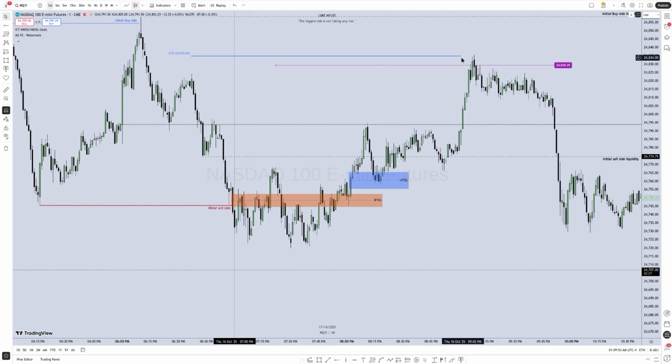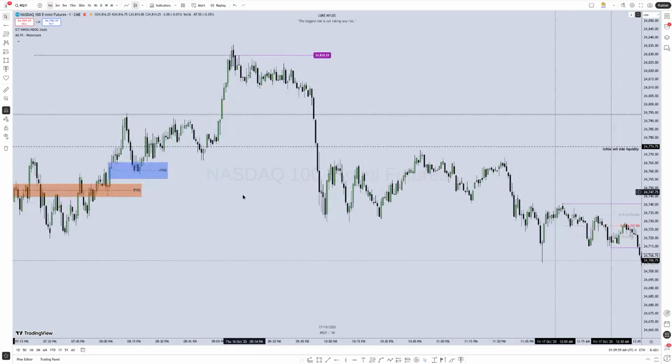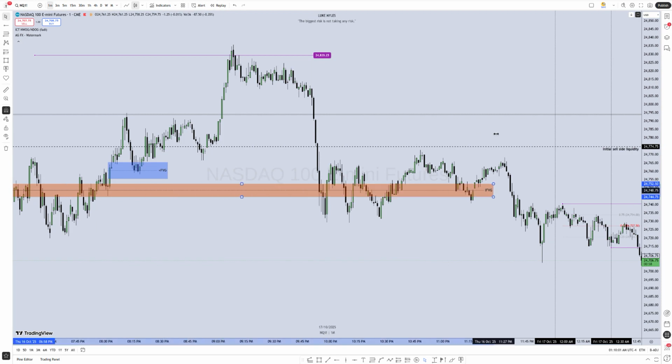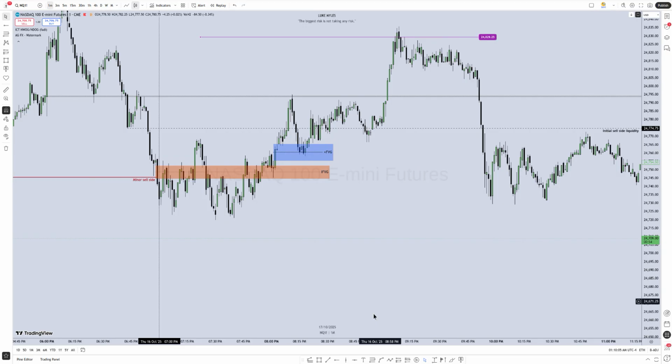Full take profit. Then the market drops. I'm not interested in trading after it clocks 9 p.m. Before me getting an entry, I'm no longer looking for an entry. So that is it for Asian session trading.